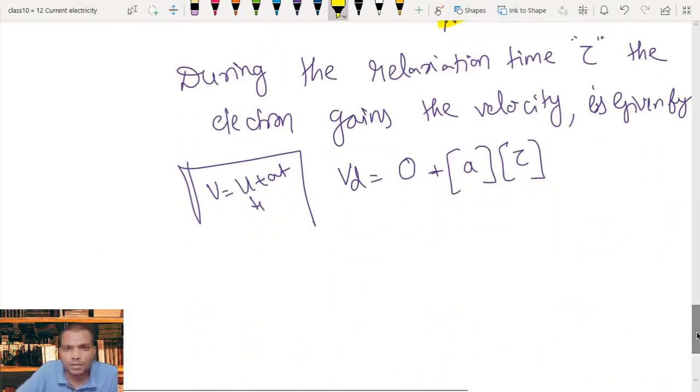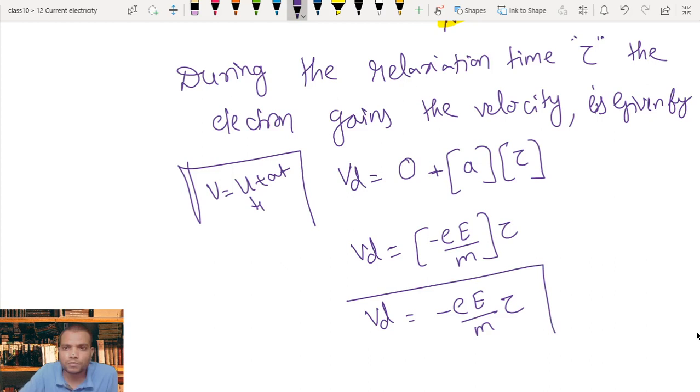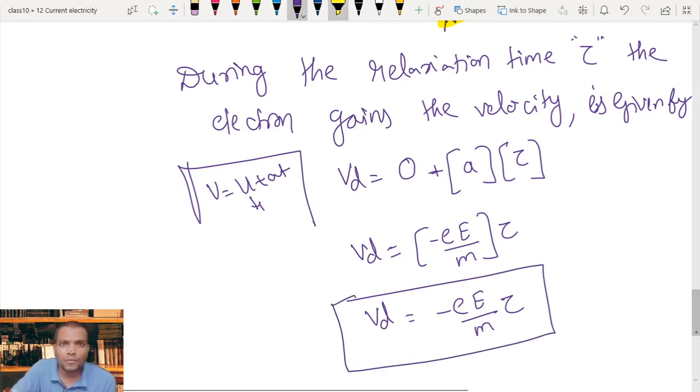So the drift velocity v suffix d equals 0 plus a times tau, which gives v_d equals minus e times E upon m, times tau. This is the drift velocity expression for an electron in an electric field.